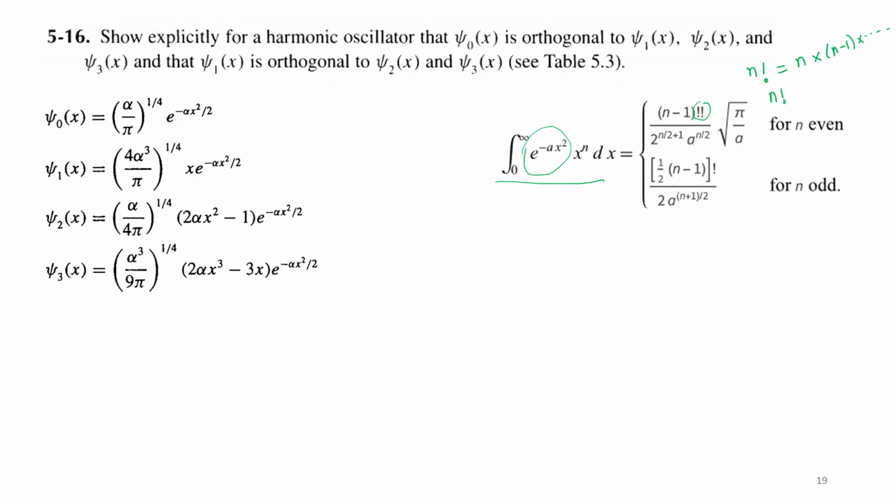Now n double factorial is n into n minus 2, into n minus 4, and it will go down to 1 or something like that, depending. So for 5 double factorial it is 5 into 3 into 1, and for 4 double factorial it will be 4 into 2.